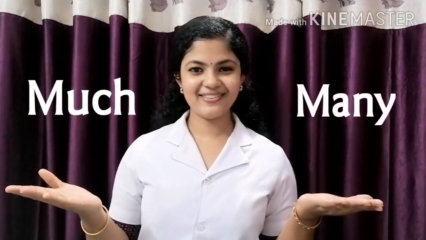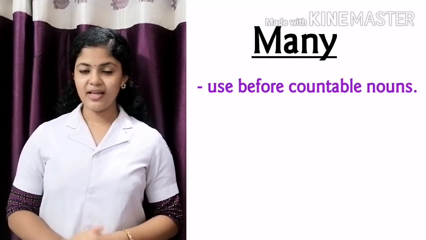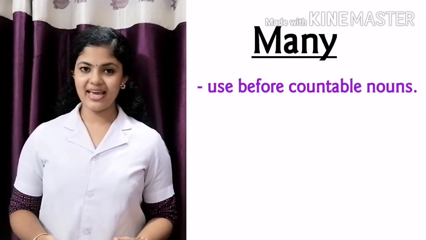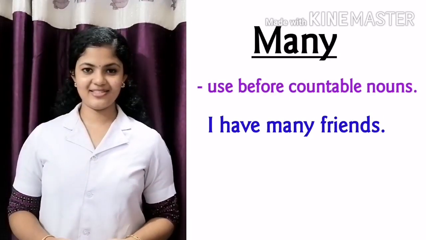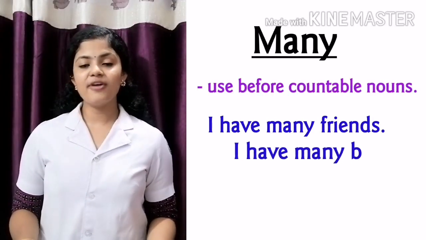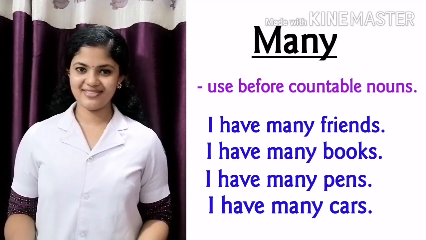Now let us look at some other words which we can use before countable and uncountable nouns. They are much and many. Article a and the word many are used with countable nouns. The word friends. Friends is a countable noun. So I can say, I have many friends. Books. It is also a countable noun. So I can say, I have many books. I have many pens. I have many cars.